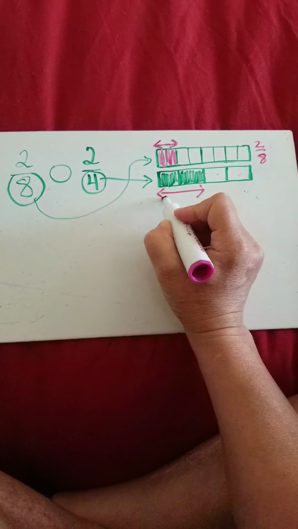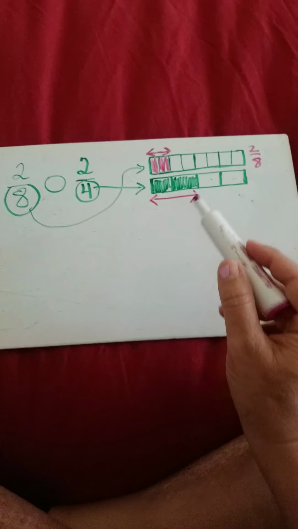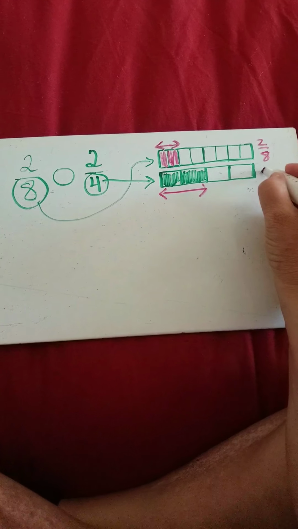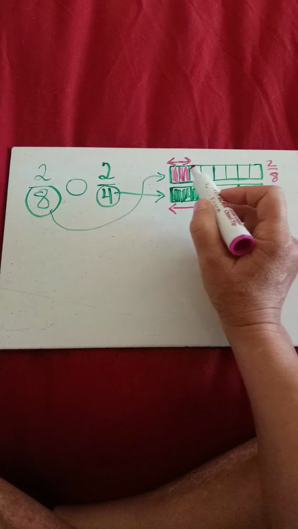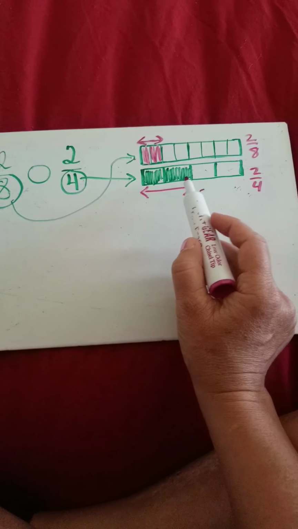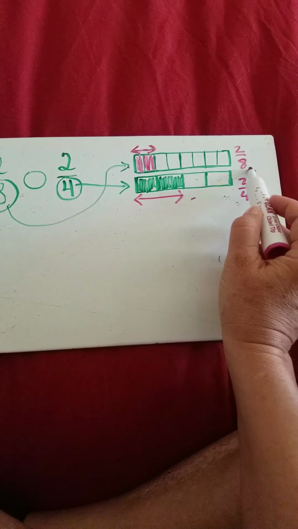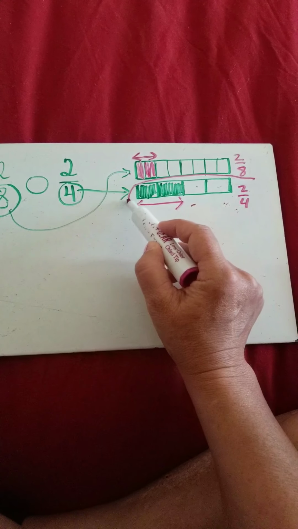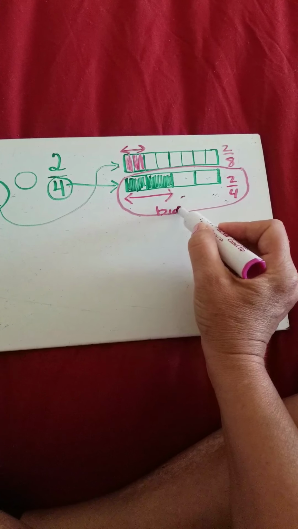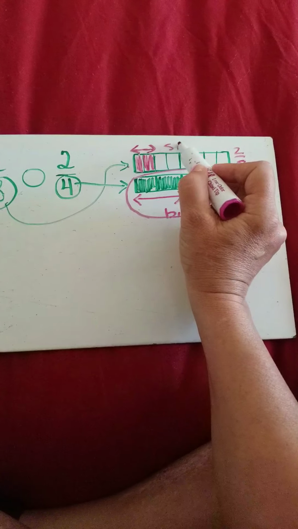So which one? Now looking at the shaded part, which shaded part looks bigger? The 2/8 or the 2/4? All you have to do is look at the shaded part and the arrows. This one is bigger, right? That's bigger. This one is smaller.